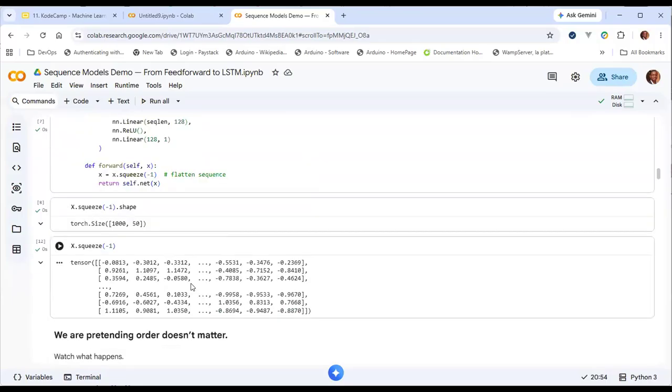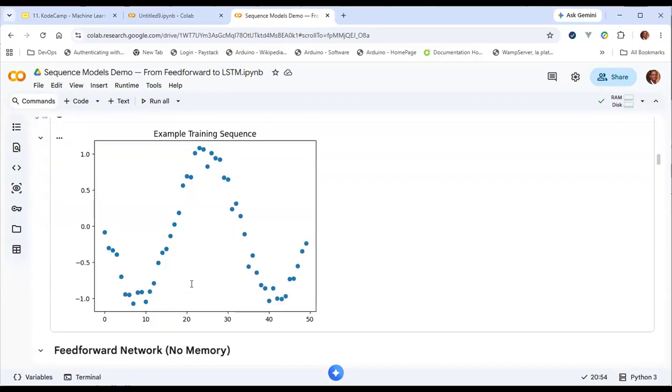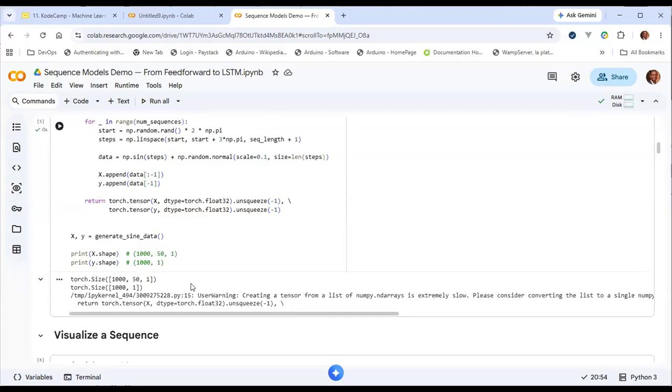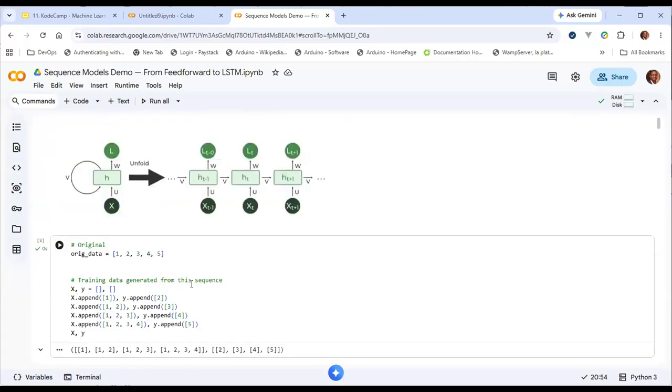So let's say we want to do forecasting, for example, financial markets. Yeah, let's do that, because I think that is information that is easier for recurrent neural networks to predict. Because using a simple one will not really give us what we want. So let's see.